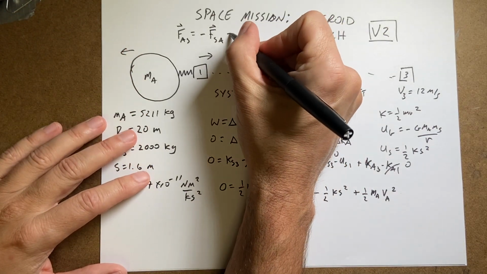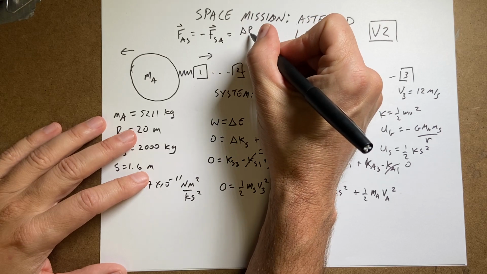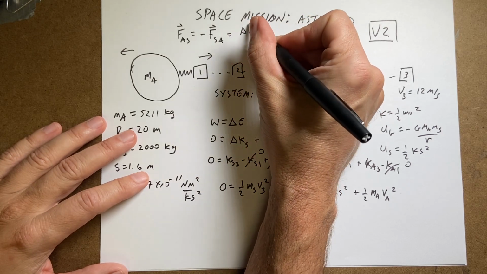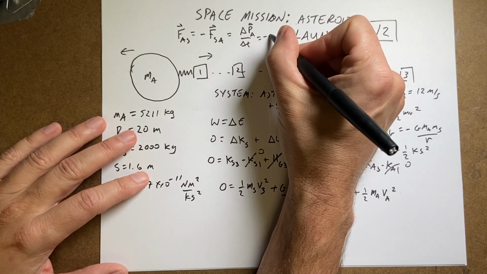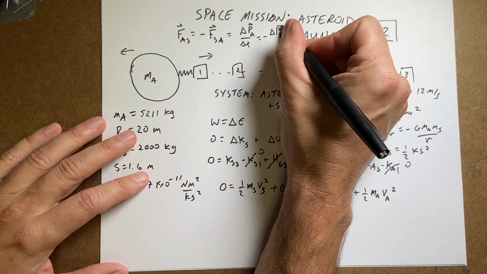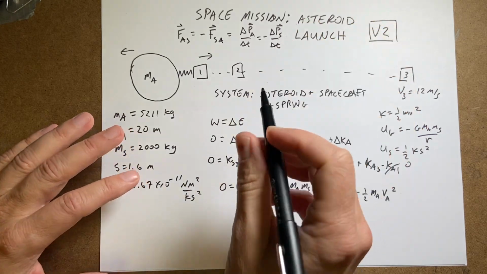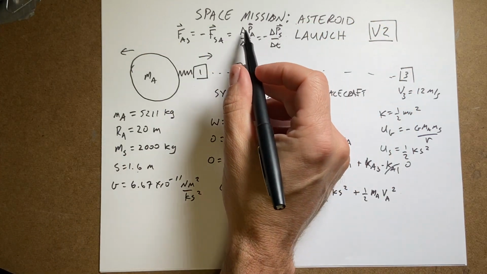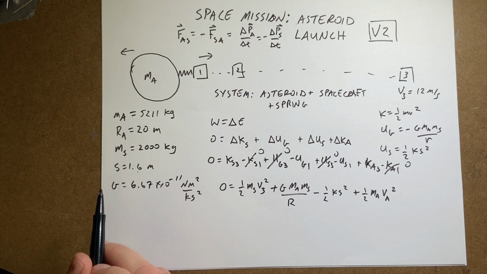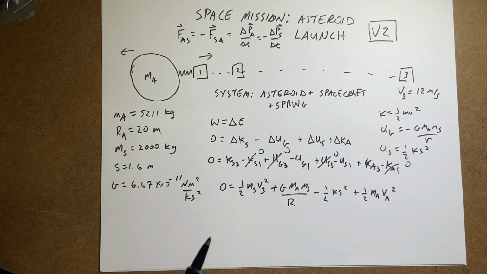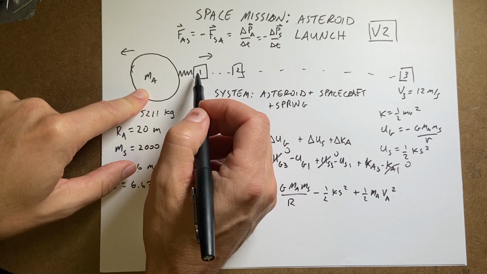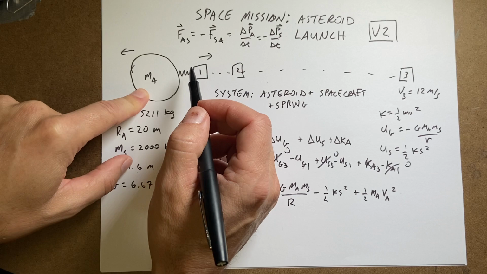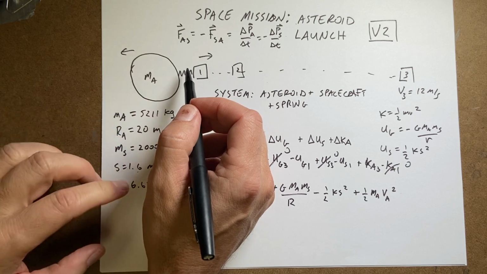So the change in momentum of the asteroid with respect to time is negative the change in momentum of the spacecraft with respect to time. And the time's the same, so the changes in momentum of the two things are the same. That means the total change in momentum is zero. So the momentum before the launch is zero, and the momentum after the launch is also zero.